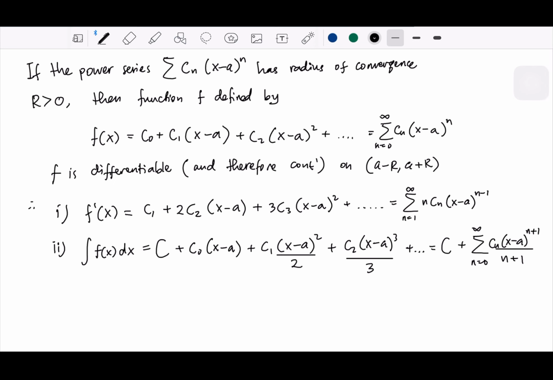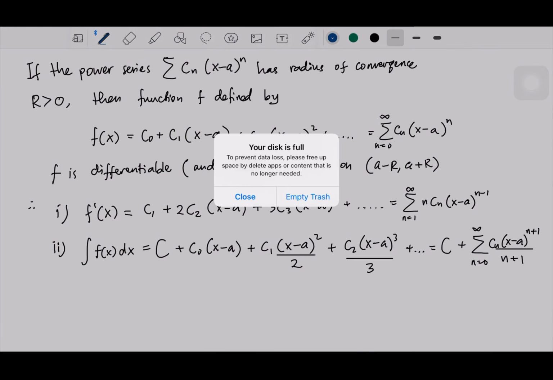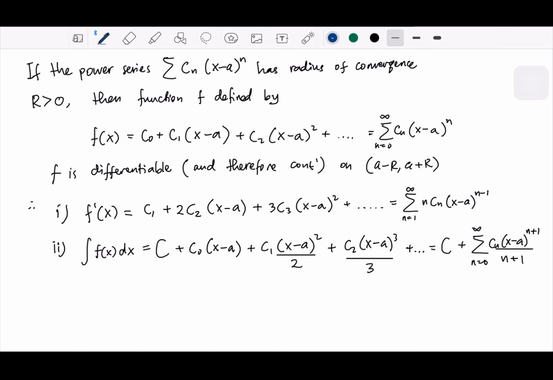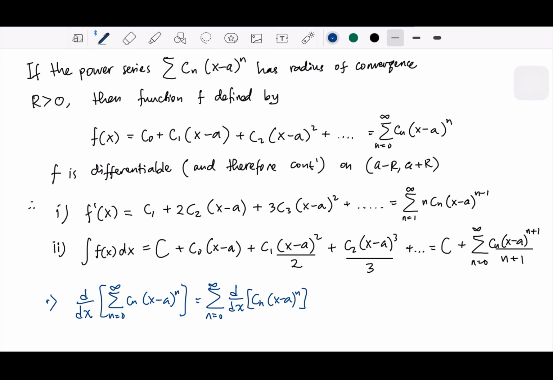In terms of how we can use the derivative, we can write like that for the derivative.